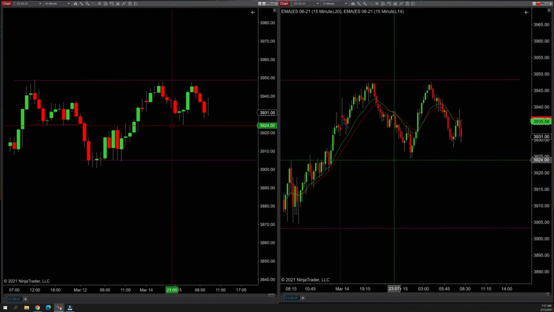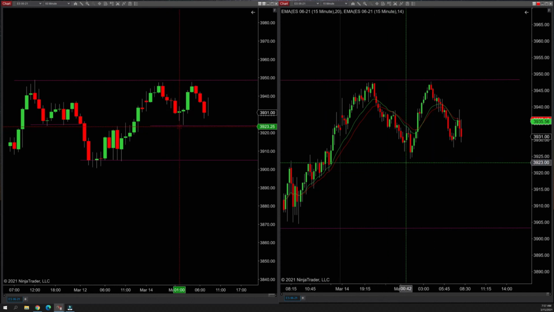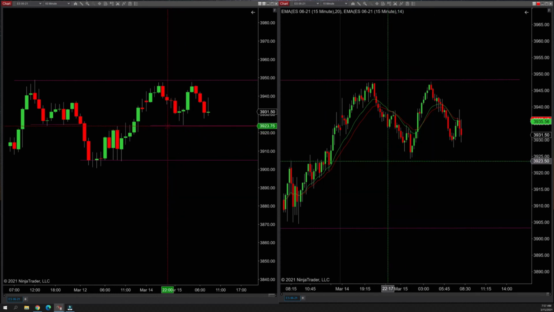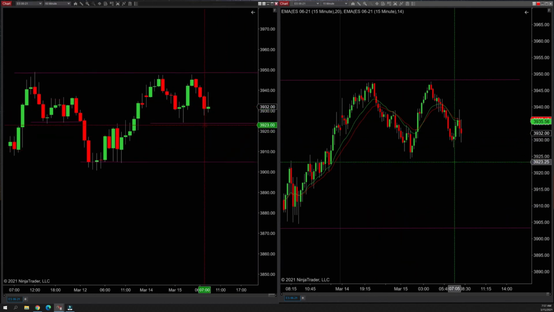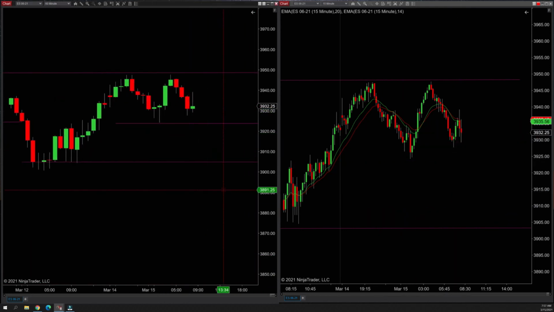Maybe it's going to make a run at this bottom. Oftentimes when you have on the left chart here, the hourly chart, a clear support area like that, and you have bearish action heading towards it, these areas will act as magnets and price will generally come down and test these areas.